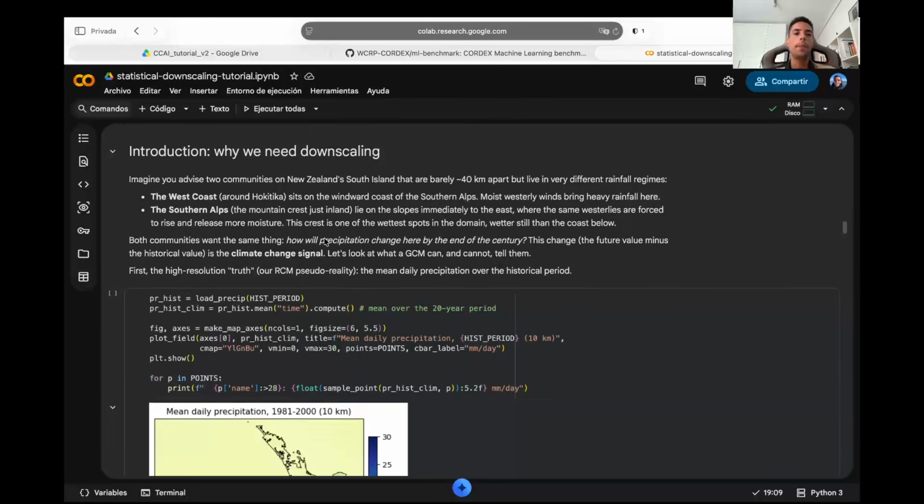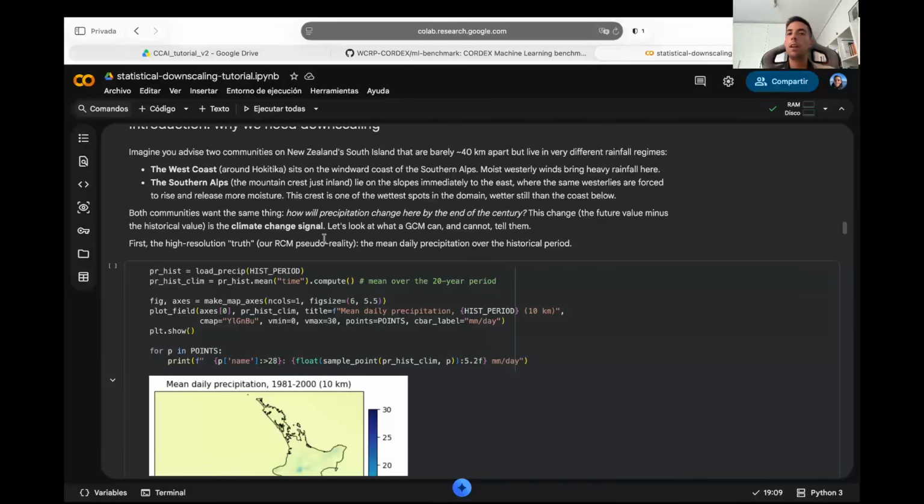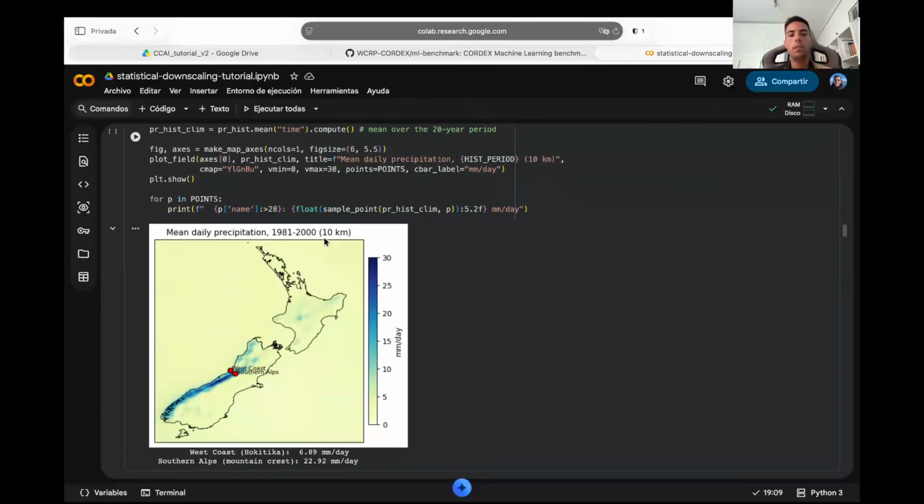Imagine that I live in New Zealand and I want to assess how climate change is going to impact my specific city or my specific region. Imagine that I want to assess how precipitation is going to change in the future for these two specific locations, the West Coast and the Southern Alps.